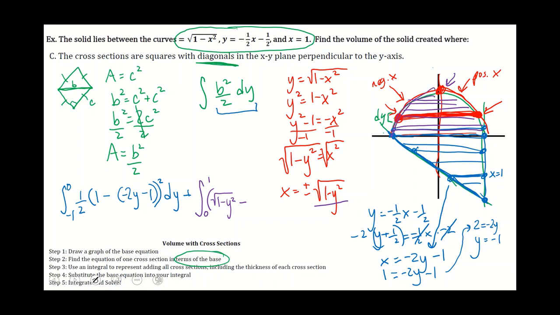So that's a positive minus a negative. I'm running out of room here. And that's the base squared over 2.